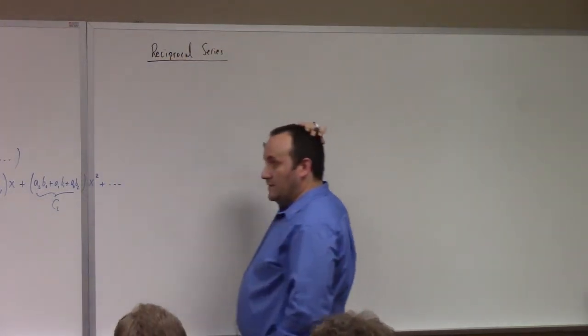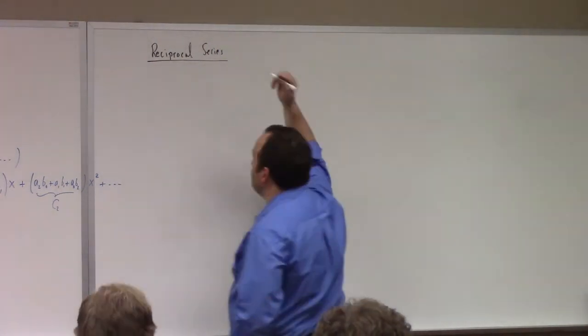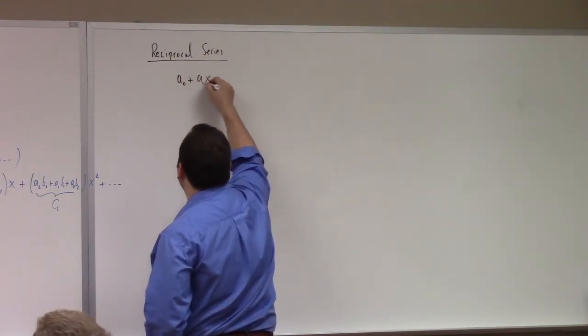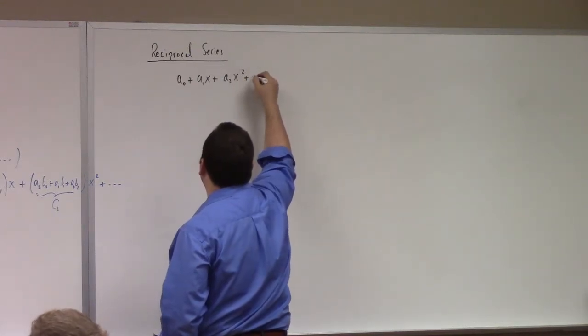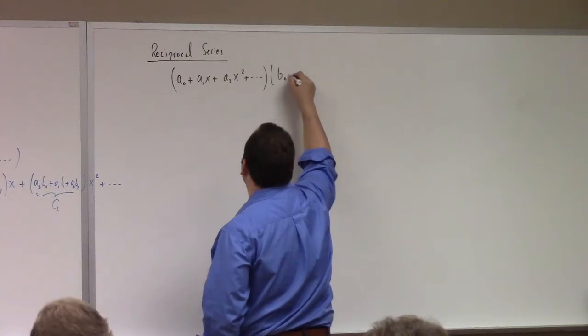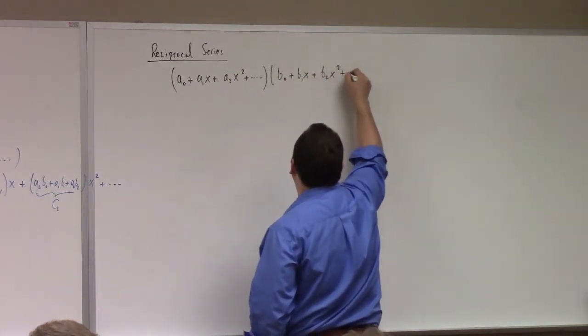Right? Because if you start looking at this, what does it mean to find a reciprocal series? If I have a0 plus a1x plus a2x squared plus dot dot dot, I want to have that times b0 plus b1x plus b2x squared plus dot dot dot.